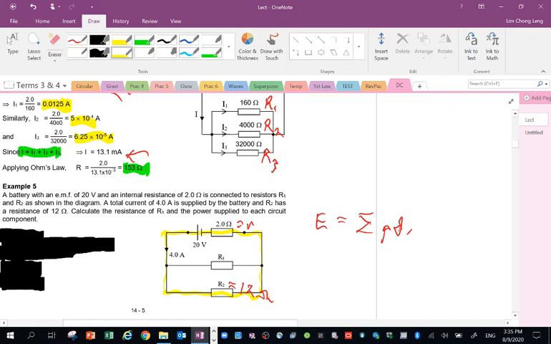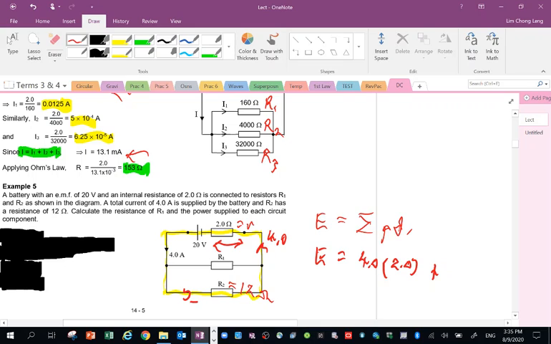If I consider the outer loop, my EMF E is equal to the PD of the main current, which is 4 ampere multiplied by the internal resistance 2 ohm. So that will be the PD across here. So 4 ampere multiplied by 2 ohm plus this one.